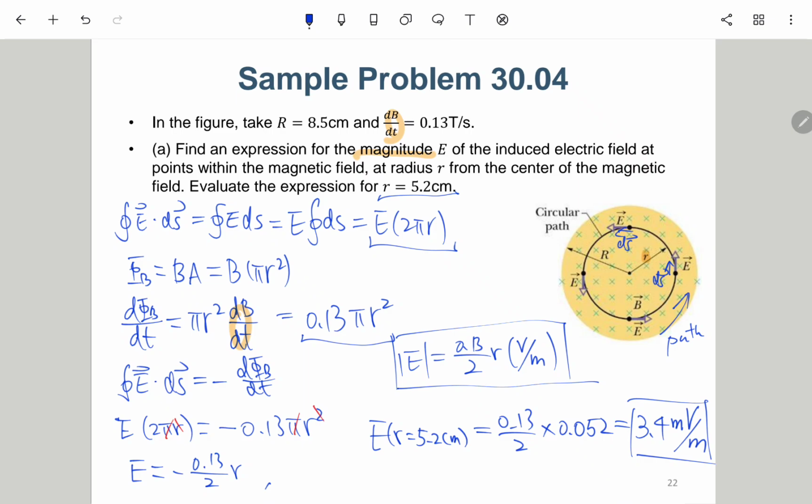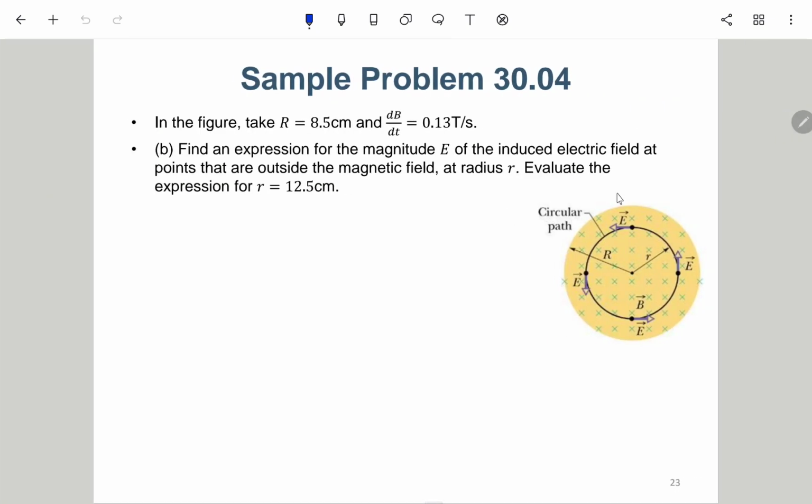The next part of this question is to find the expression for the E field outside the B field, and evaluate it for r equals 12.5 centimeter. Here the radius of the B field region is only 8.5 centimeter.